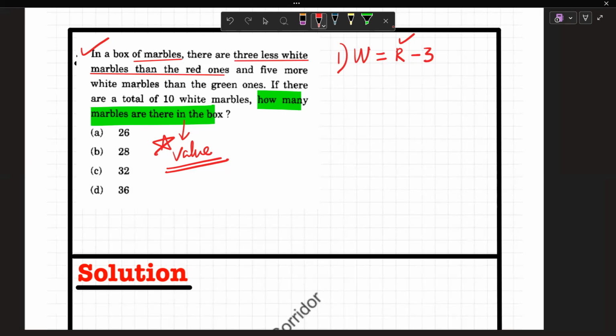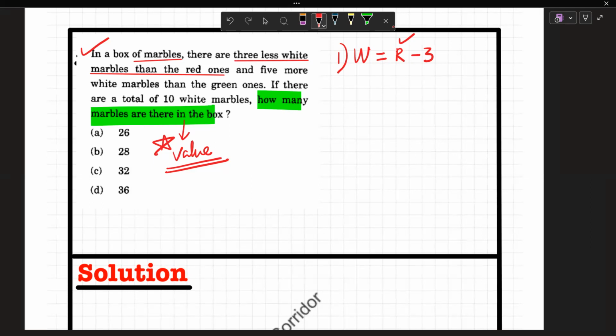And 5 more white marbles than the green ones. In a box of marbles, there are 3 less white marbles than the red ones and 5 more white marbles than the green ones. Let us read the question again.